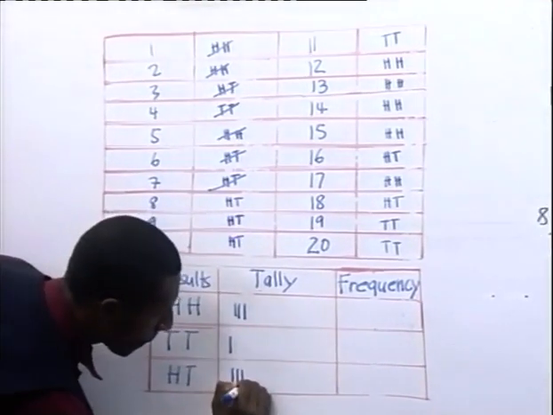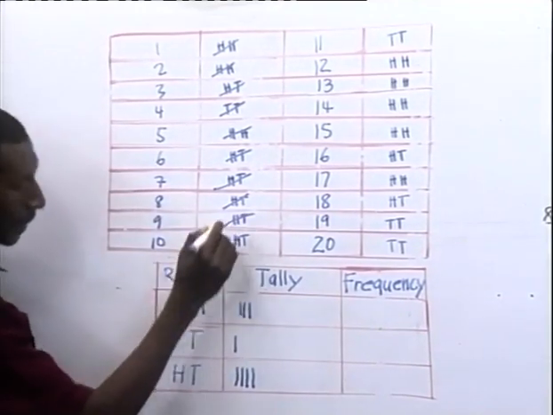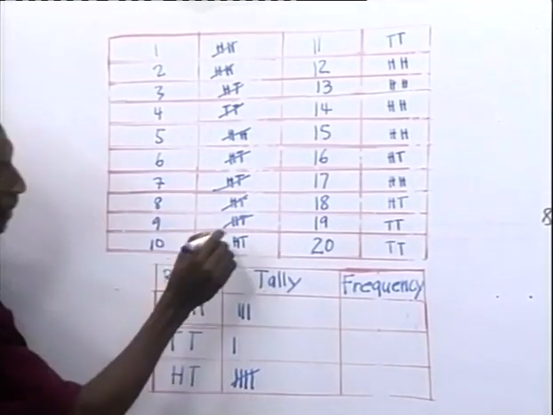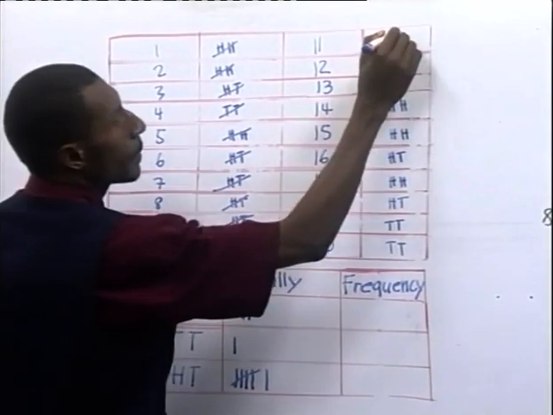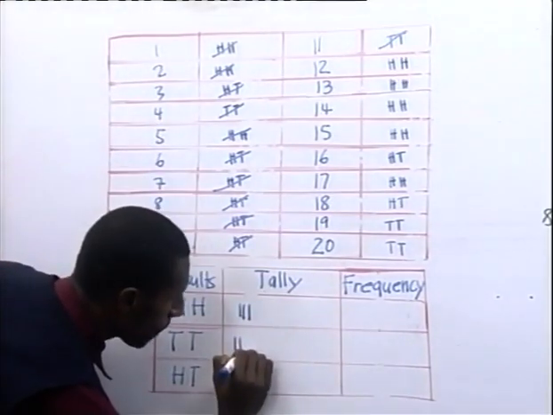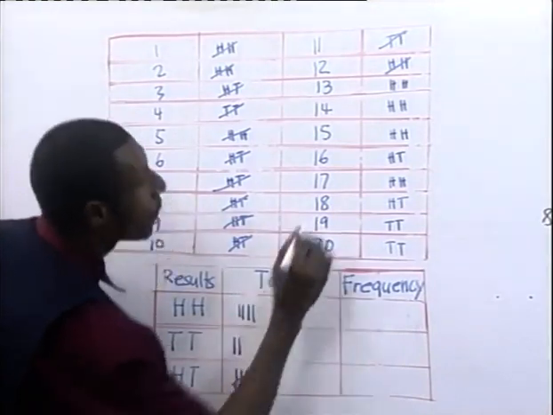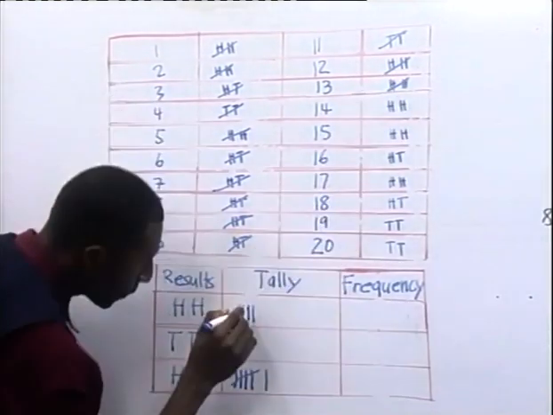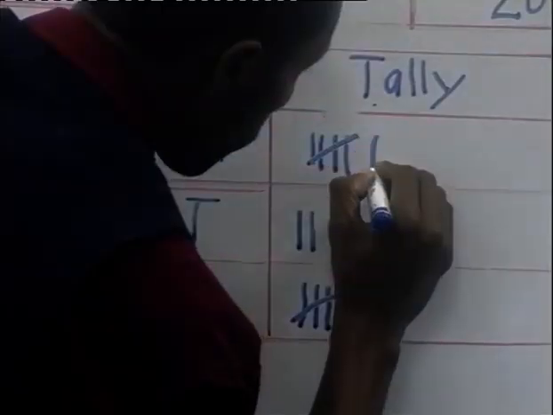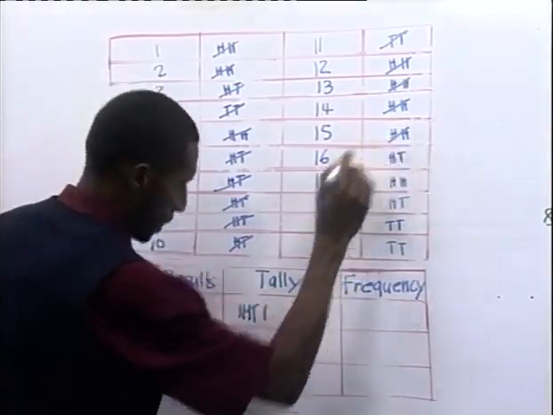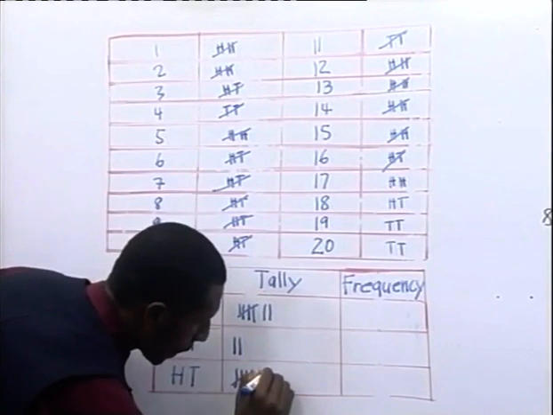Head, tail. Head, tail. Head, tail. Head, tail. Tail, tail. Head, head. Head, head. Head, head. Head, head. Head, tail.